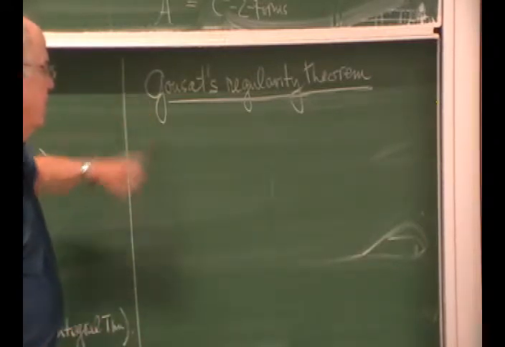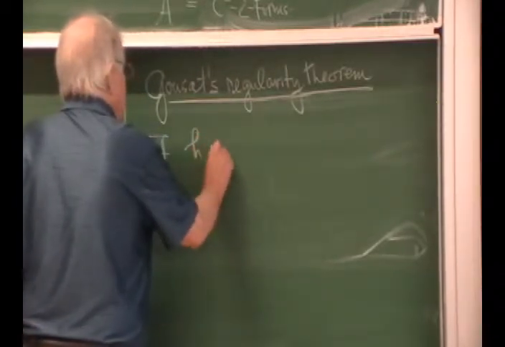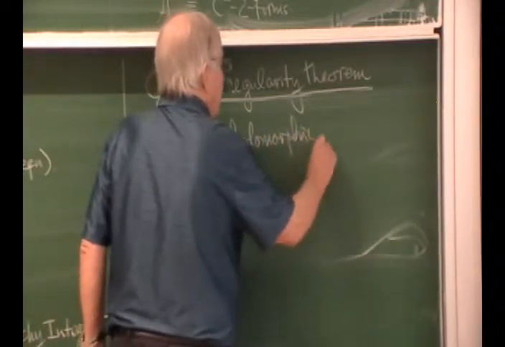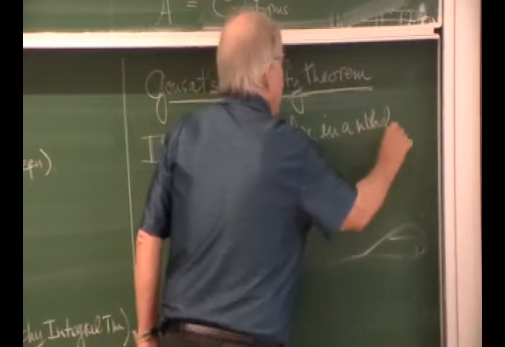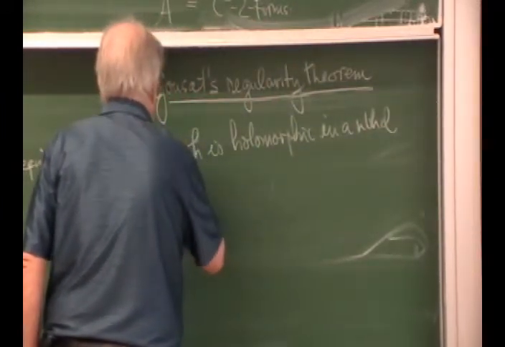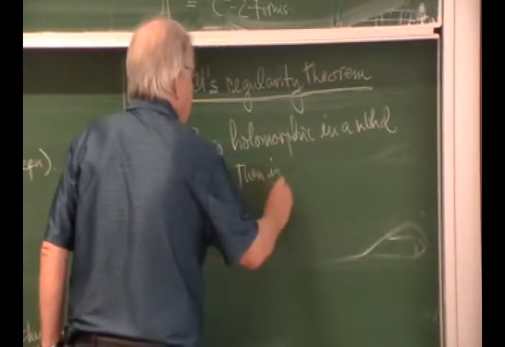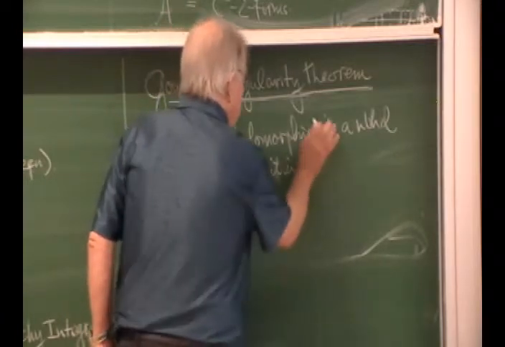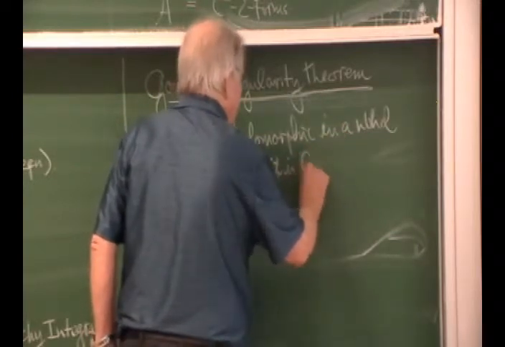Let's worry a little bit later about what the assumptions are. So Goursat's regularity theorem is: if H is holomorphic in a neighborhood of a point, then it is C1 in that neighborhood.